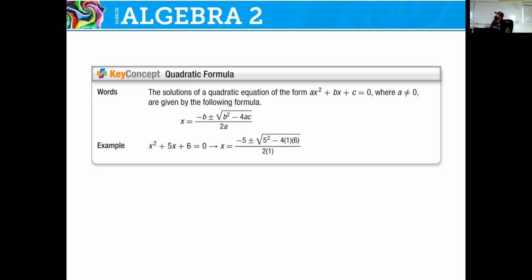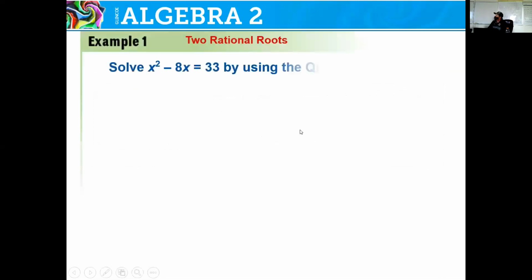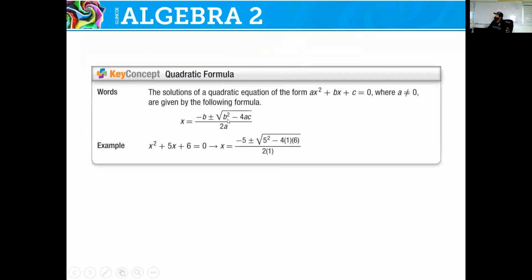That will be true unless your discriminant, which is underneath the radical here, is equal to 0. So this b squared minus 4ac is what's known as the discriminant. And what that tells you is, if it's equal to 0, we're going to have one rational root, meaning that the vertex of the parabola is on the x-intercept.